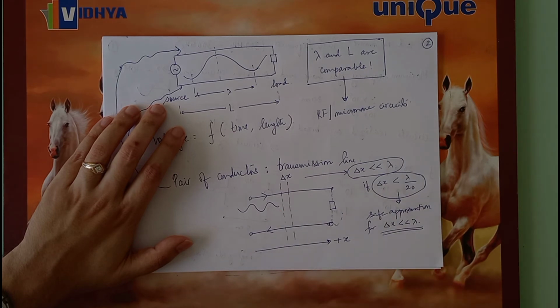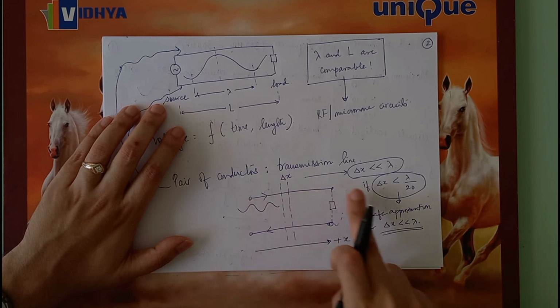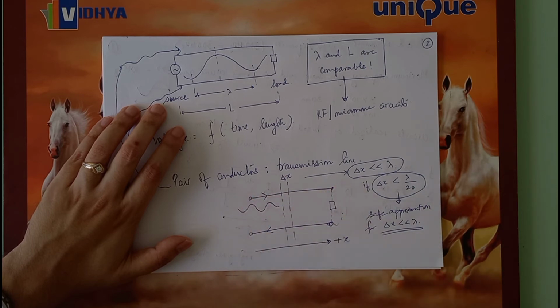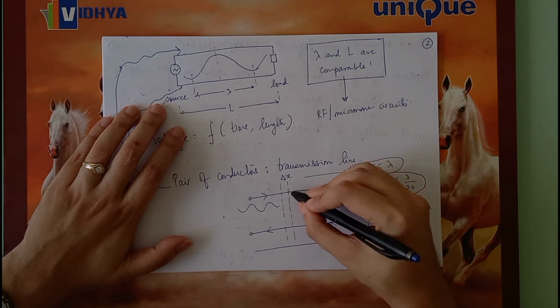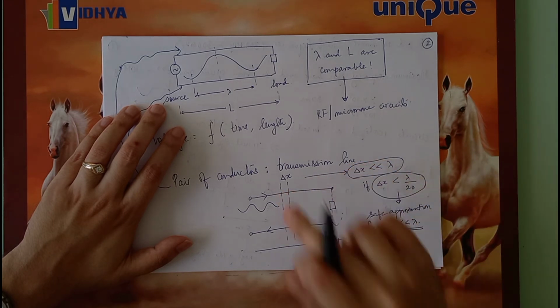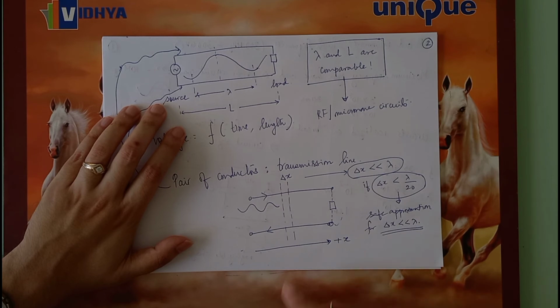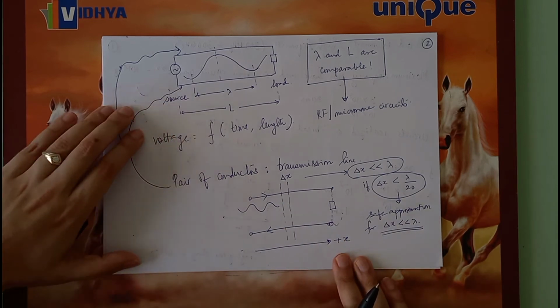So whatever is going over here, the same has to come back to ensure conservation of energy. Now the question is, what are the electrical quantities I can represent at least inside this delta x section of the transmission line?